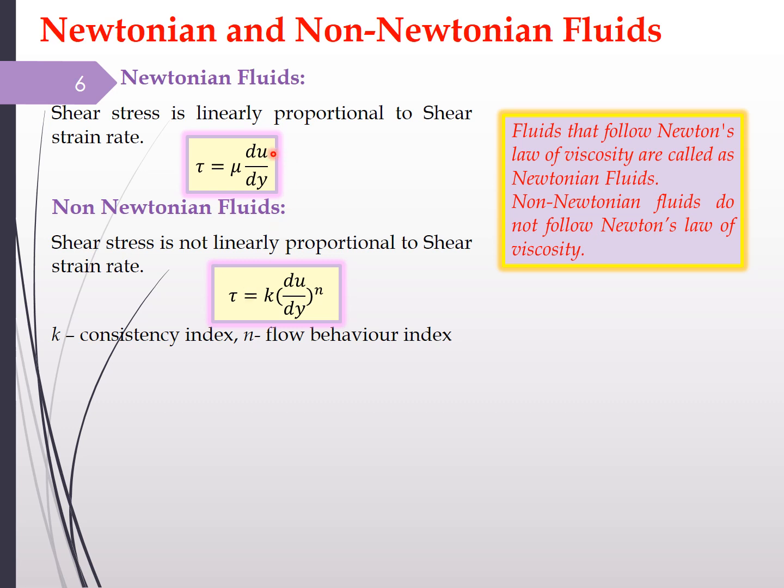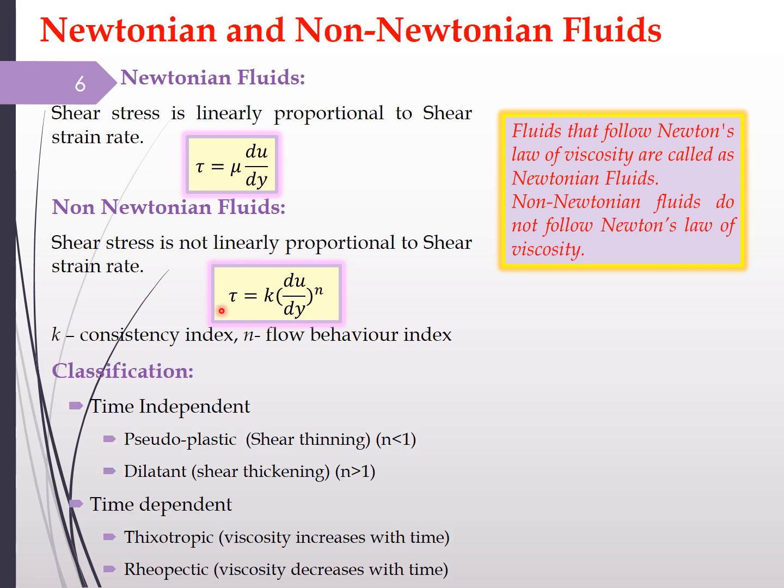As far as Newtonian fluids are concerned, we have water as an example. There are other fluids which can exemplify Newtonian fluids, but non-Newtonian fluids have different classifications. In that category, we have the time-independent fluids, and under time-independent fluids, we have pseudoplastic and dilatant fluids.